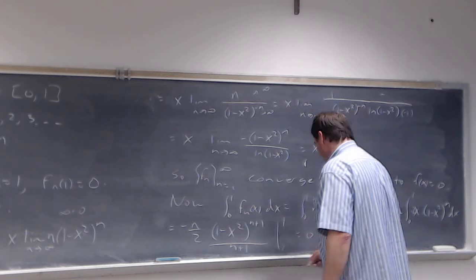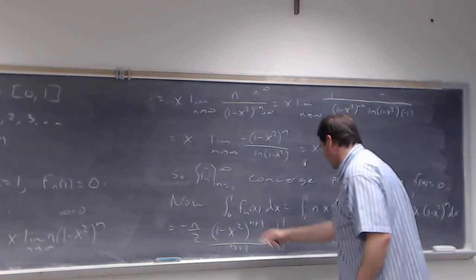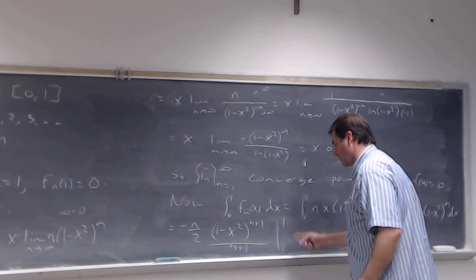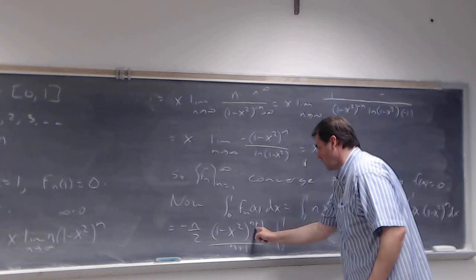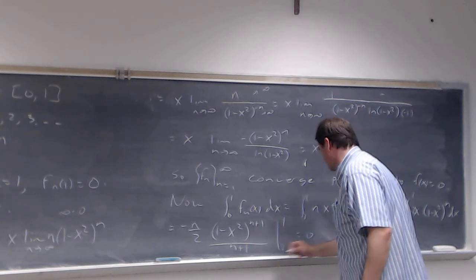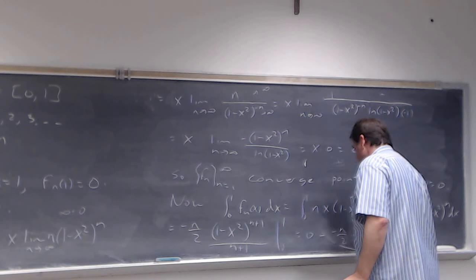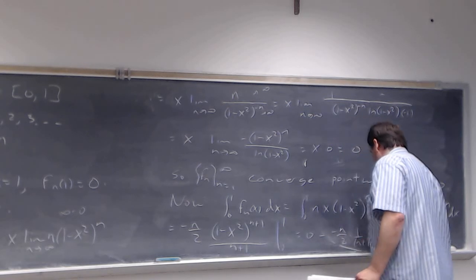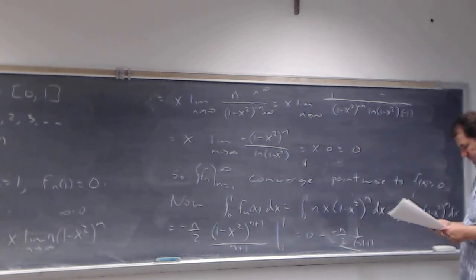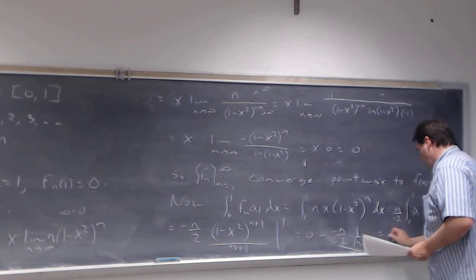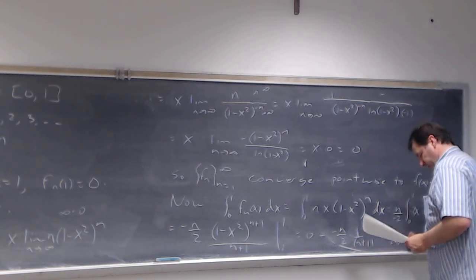When you stick in 0 here, what you're going to get is 1 to the n plus 1 power. Remember, I'm sticking in 0 for x. So that's just 1. And so what I'm going to get is minus n over 2 times 1 over n plus 1. So that ends up being n over 2n plus 2. That's what I got.